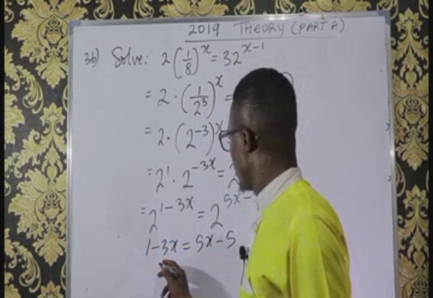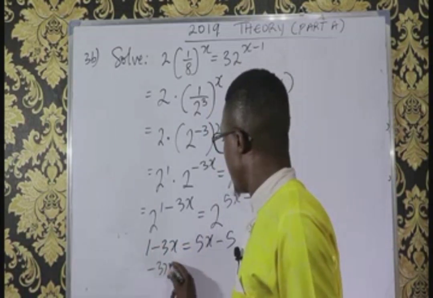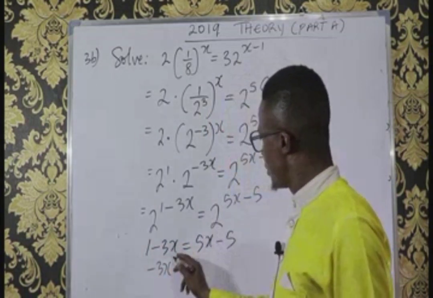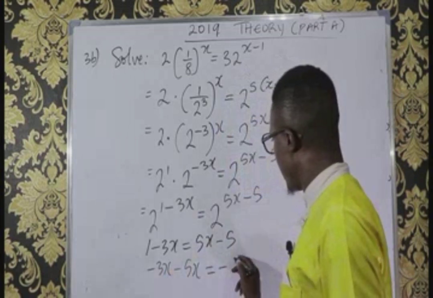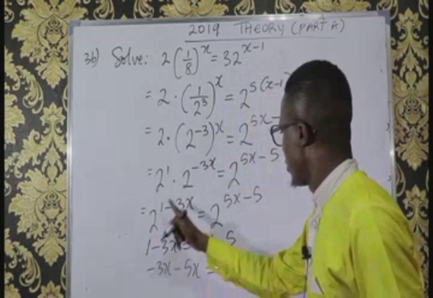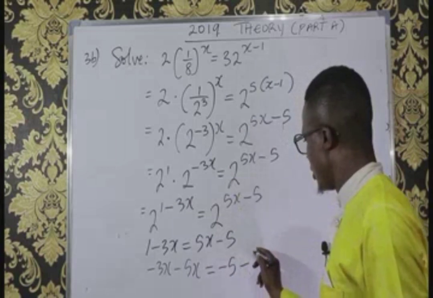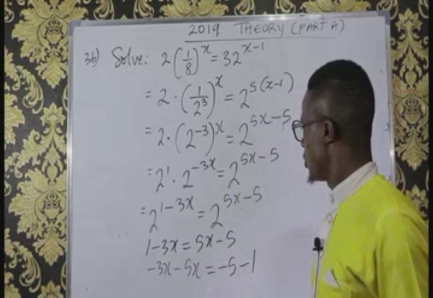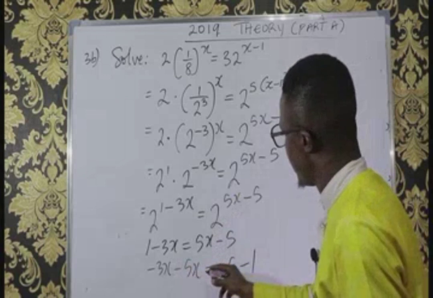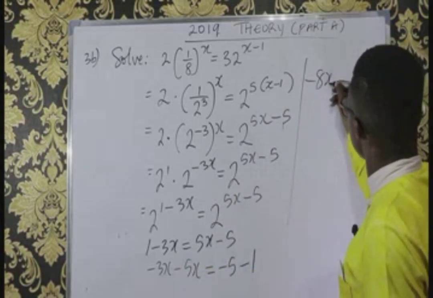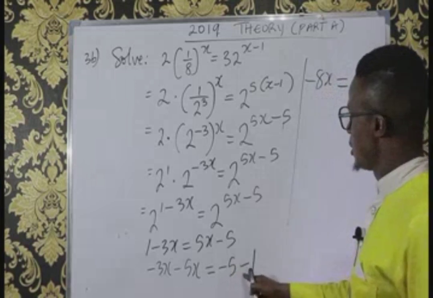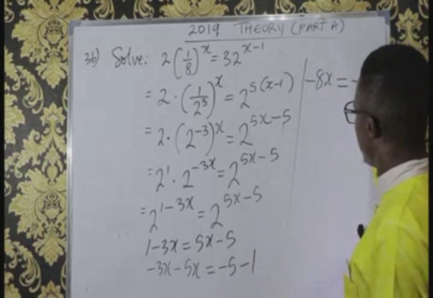Collect like terms, we shall have minus 3x minus 5x, and 5 crossing over gives minus 5 on the right, and 1 crossing over will give us minus 1. So minus 3x minus 5x will give us minus 8x equals minus 5 minus 1 will give us minus 6.